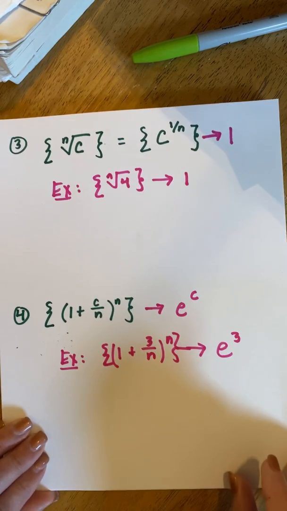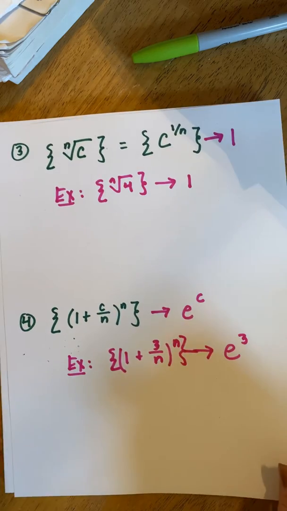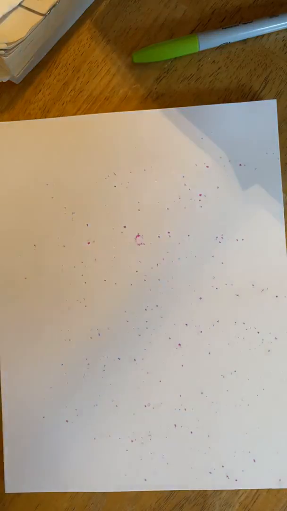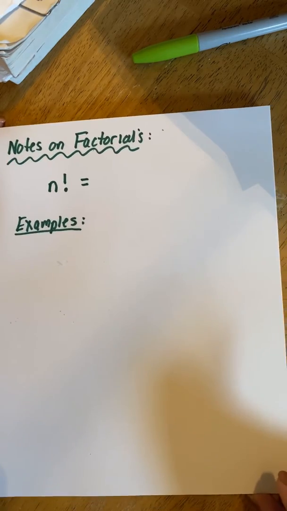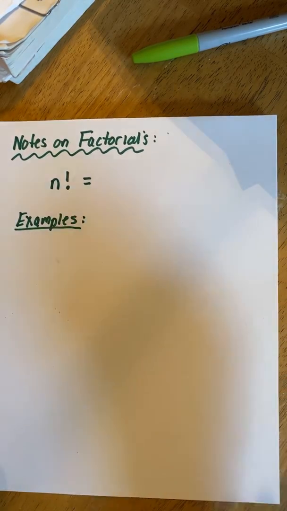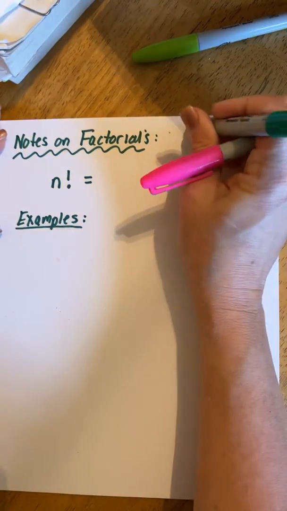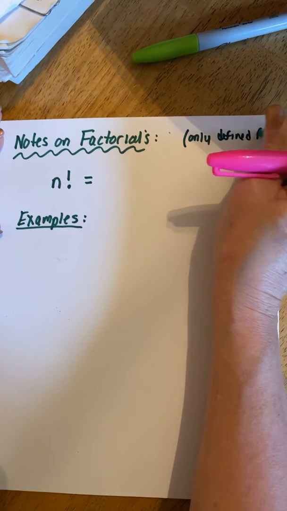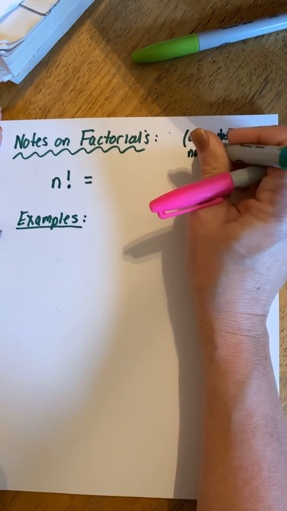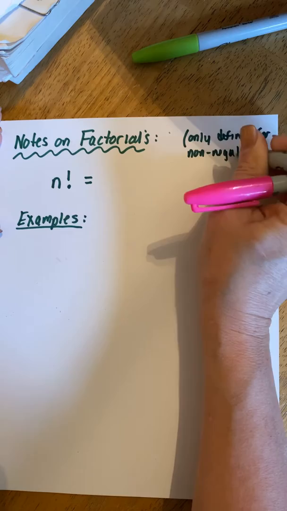And then one other little blurb of information for this section is factorials. I'm hoping at some point in your math career you've worked with factorials. By definition, n factorial, which is n exclamation point, is only defined for non-negative integers.